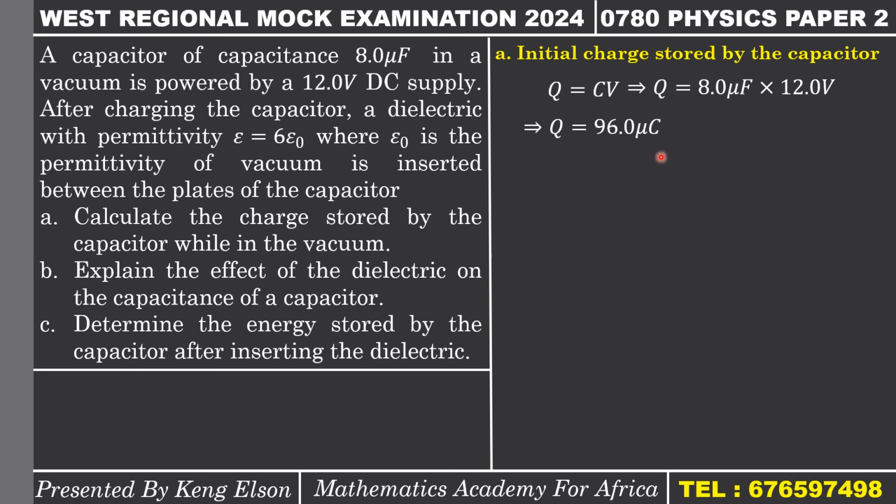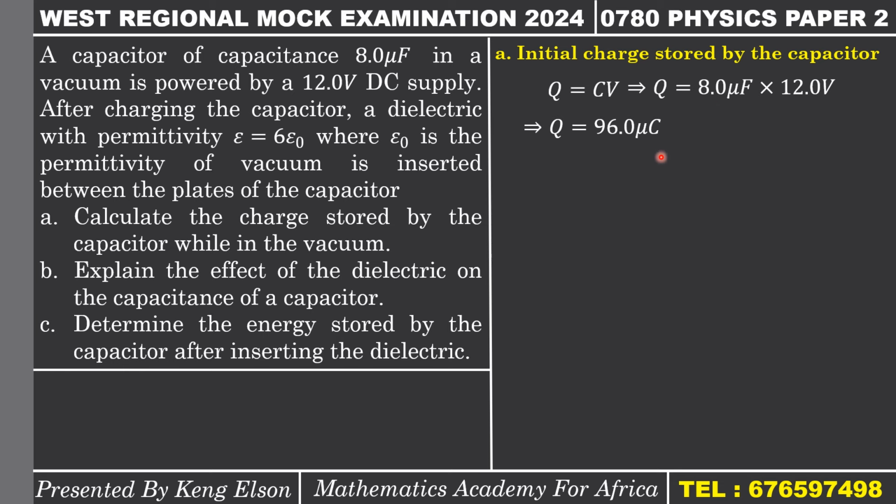Now in the second part of the question, we need to explain the effect of the dielectric on the capacitance of the capacitor. So the capacitance of a capacitor can be expressed in terms of the permittivity of the medium. Generally the capacitance is the permittivity of a medium times the area over the plate separation.